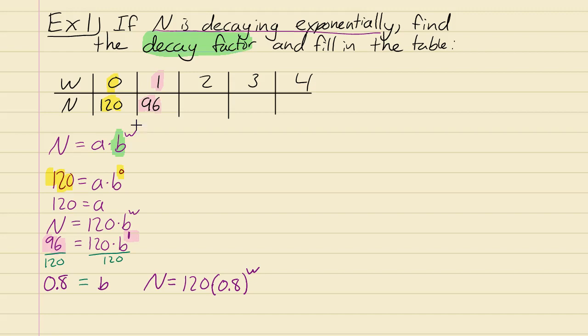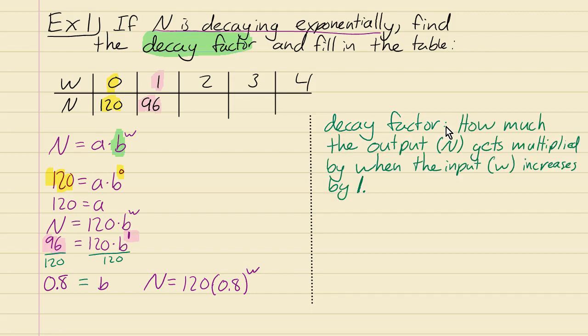So this was maybe a slightly more confusing way. The other way I would do it is just say that the definition of a decay factor is how much the output gets multiplied by every time the input increases by 1. So in this case, how much n gets multiplied when w increases by 1.